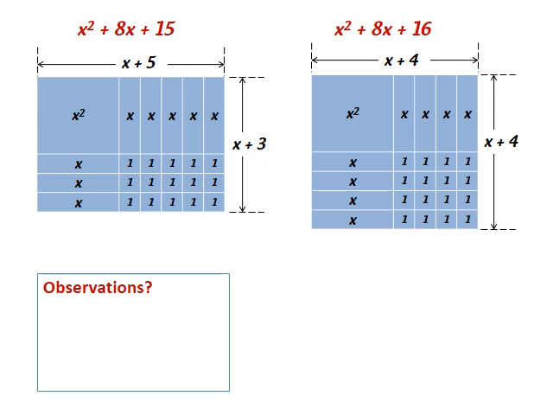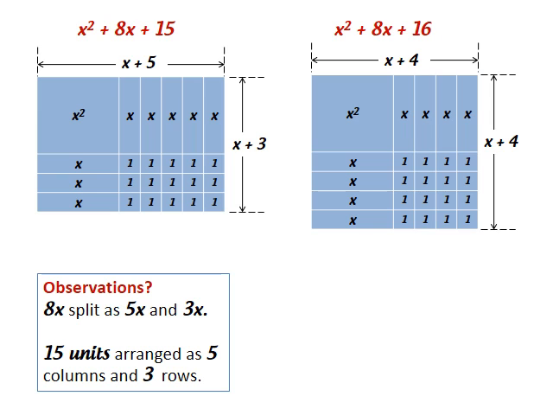So if you see, the 8x is getting split as 5x and 3x. And also, the 15 units are arranged as 5 columns and 3 rows. So do you see any relationship between the way the 8x has been split and the way the 15 units have been arranged?